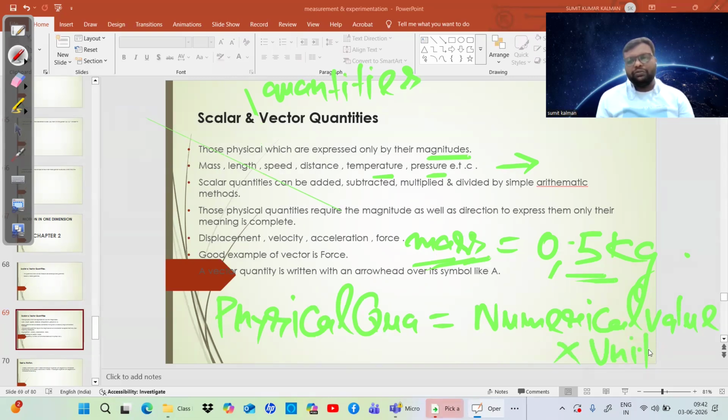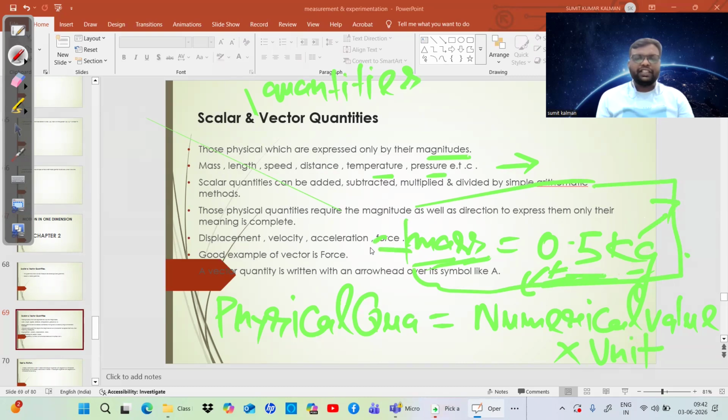Here, what is the numerical value? The numerical value is 0.5, it is a number, and kilogram is the unit. So we have written our physical quantity, mass, in terms of numerical value and unit. That's why this physical quantity has complete meaning. So this is all about physical quantities.